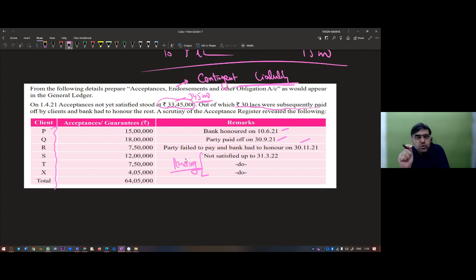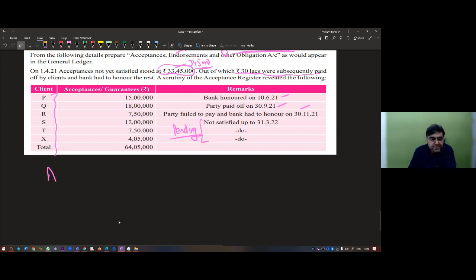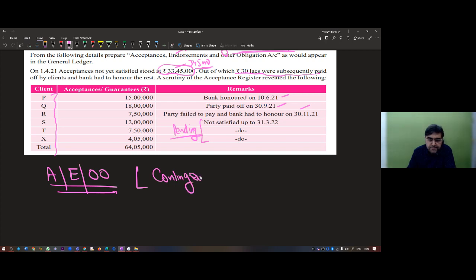I will tell you the most beautiful way of presenting the answer. Acceptances, endorsements, and other obligations. This is a contingent liability.